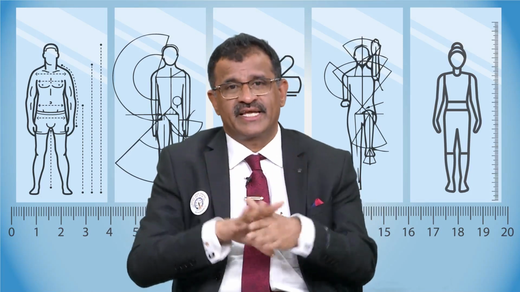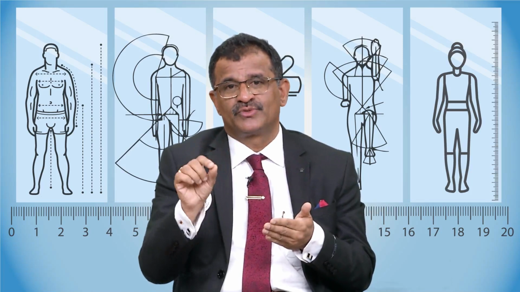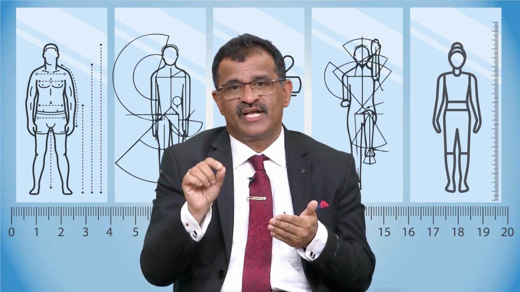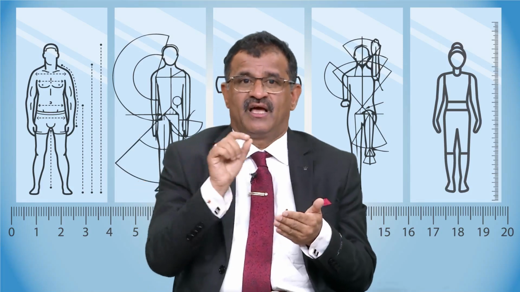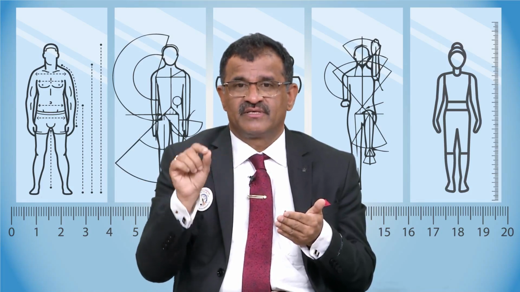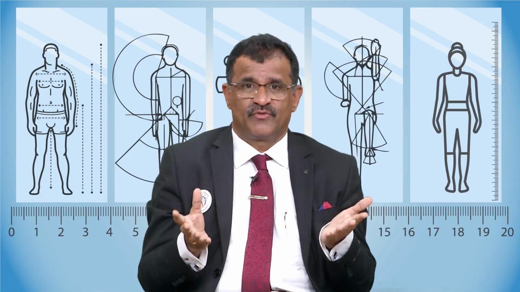I am repeating it again. Anthropometry in children from 0 to 5 years of age, anthropometry in children from 5 to 18 years of age, anthropometry in adults from 18 plus years of age, including pregnant and lactating women.